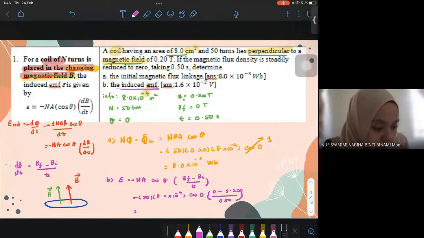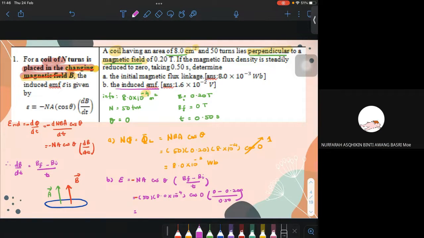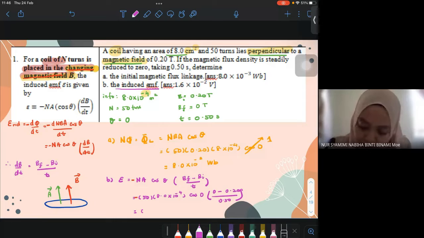Dapat 3.2 tu. Satu poin enam eksponen. Okay, kamu akan dapat is either 0.016 volt ataupun 1.6 eksponen negatif 2 volt. Okay, both also can. Right, so siapa yang dapat 3.2 nanti kamu check balik. Mana yang kamu salah tekan. Okay, so this is the answer for B.